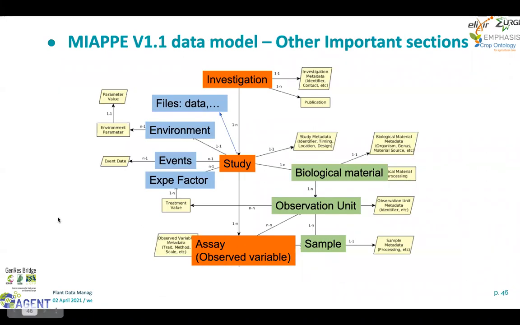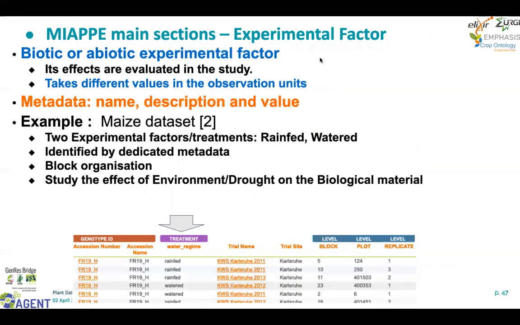There are other important sections in the MIAPPE data model, including events to trace cultural practices, and experimental factors, which are the treatments applied: watered, not watered, high nitrogen, low nitrogen, things like that. The experimental factor includes biotic or abiotic factors. Its effects are evaluated in that study, and it can take different values in the observation units.